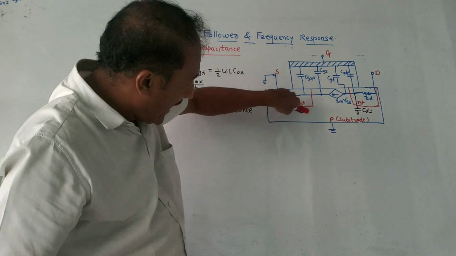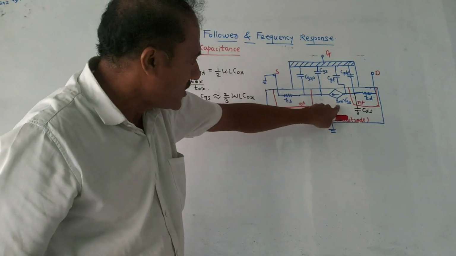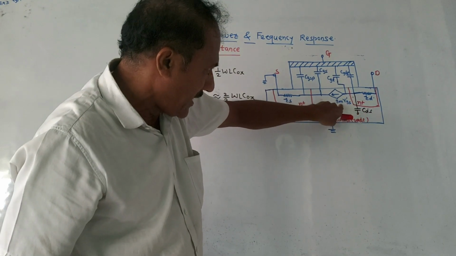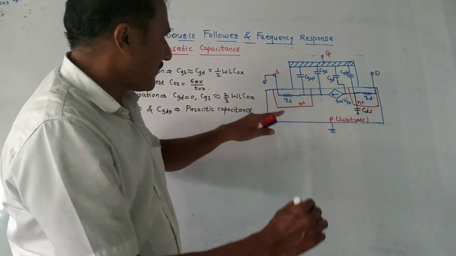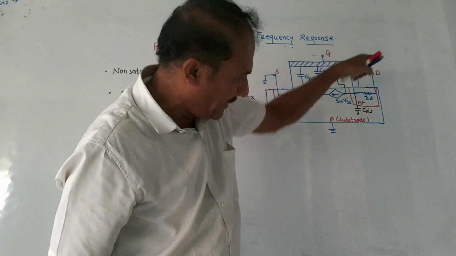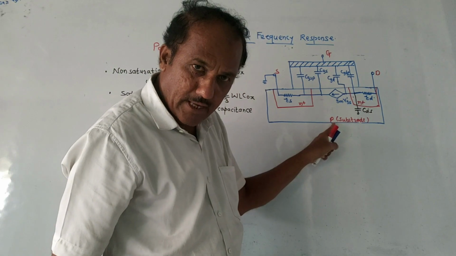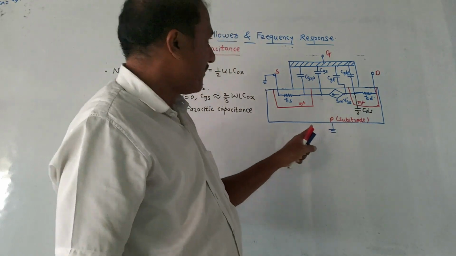Then two N plus regions are doped as we have discussed earlier. GM VGS dash is the current source. This is the source terminal, gate terminal and drain terminal. Substrate or P type substrate is grounded.